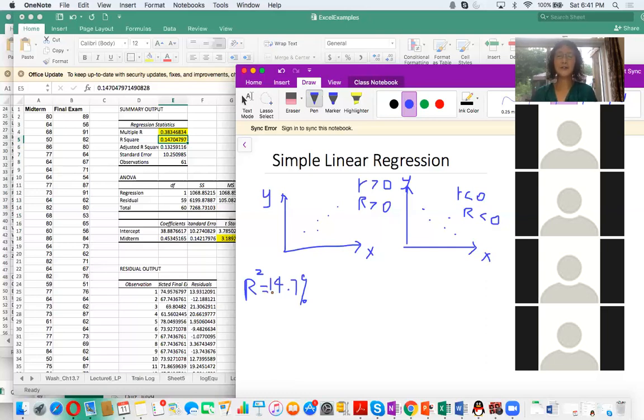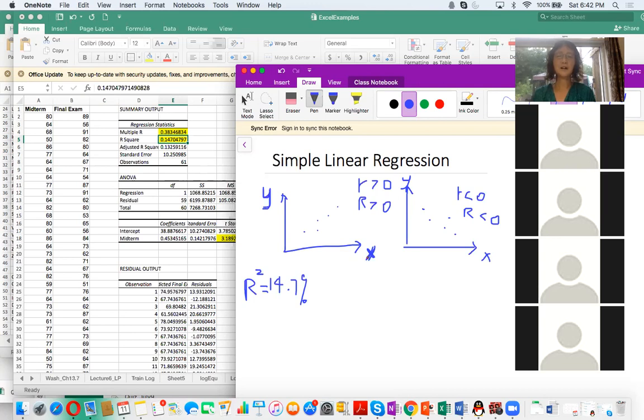Okay, this R squared measures how much changes in Y are due to the changes in X. In other words, how much changes from X contribute to the changes of Y. So in this situation, we are going to say 14.7% of the changes in final exam are due to midterm mark.